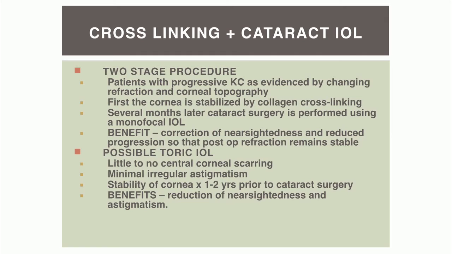So the first thing to talk about is in patients where the cornea is not stable. And in patients where we're talking about it not being stable, we're talking about cross-linking.